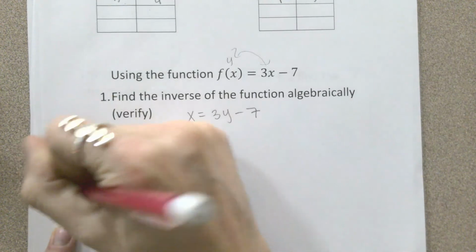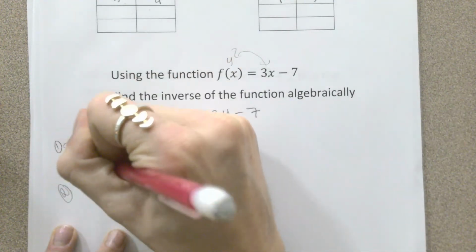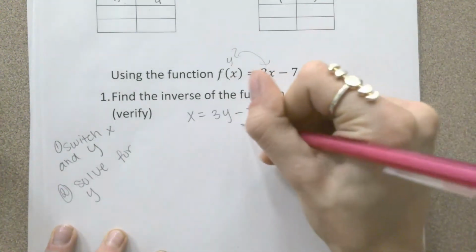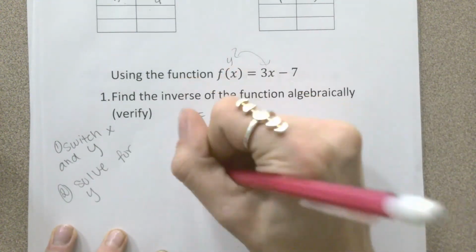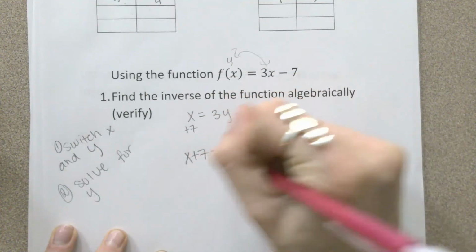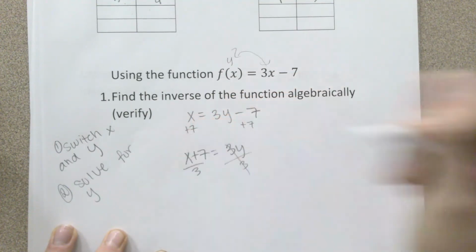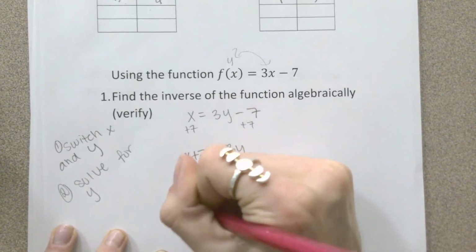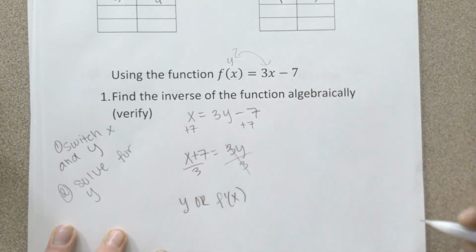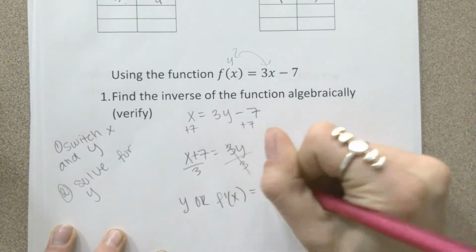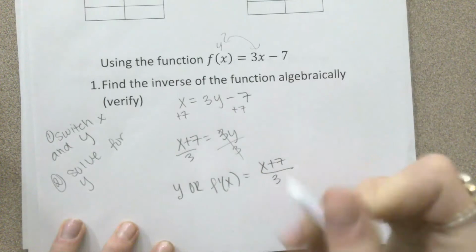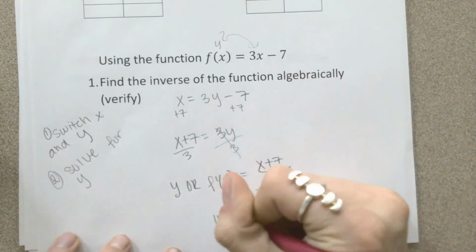Step 2 is to solve for y. We add 7 over, we get x plus 7 equals 3y, divide by 3, and we get y, or f of x, equals (x plus 7) divided by 3. So this is our inverse.